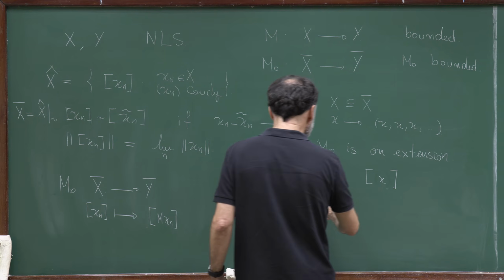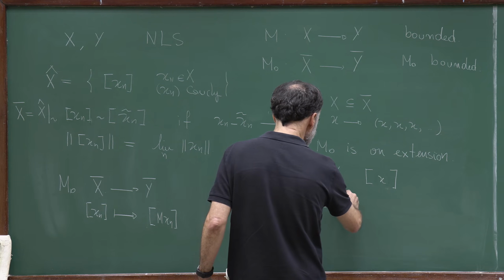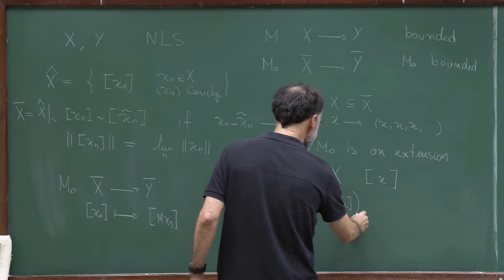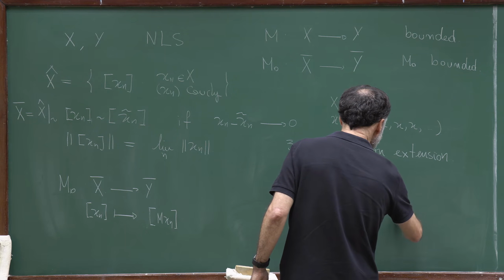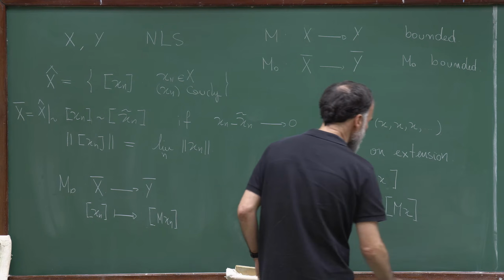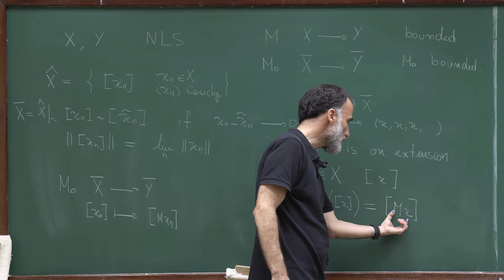And I want to prove that M0 of x is equal to Mx, so the equivalence class associated to the sequence which is constant equal to Mx.